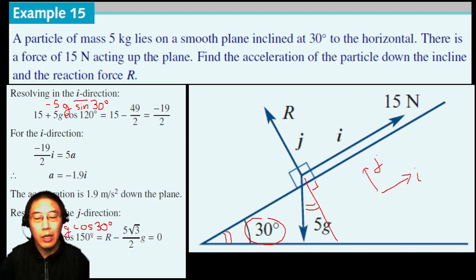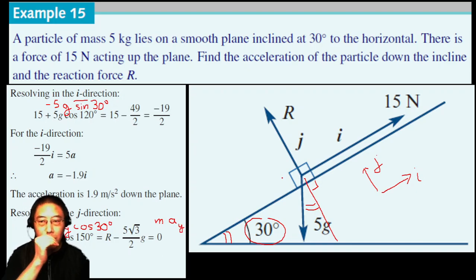Okay. Now once you substitute, we get that expression R minus that amount equals, again from Newton's second law of motion, the right hand side, m times the acceleration in the j direction.